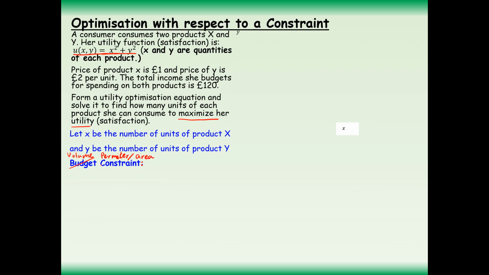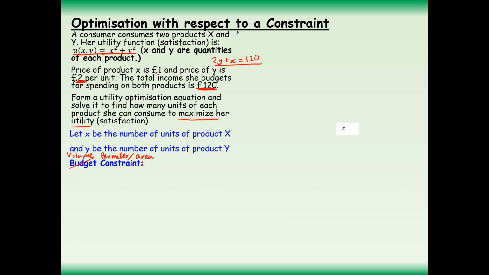With this constraint, you have to pick it up from the question. It's telling us £2 per unit of y, so we can write 2y plus £1 per unit of x. This is the constraint that we write here.